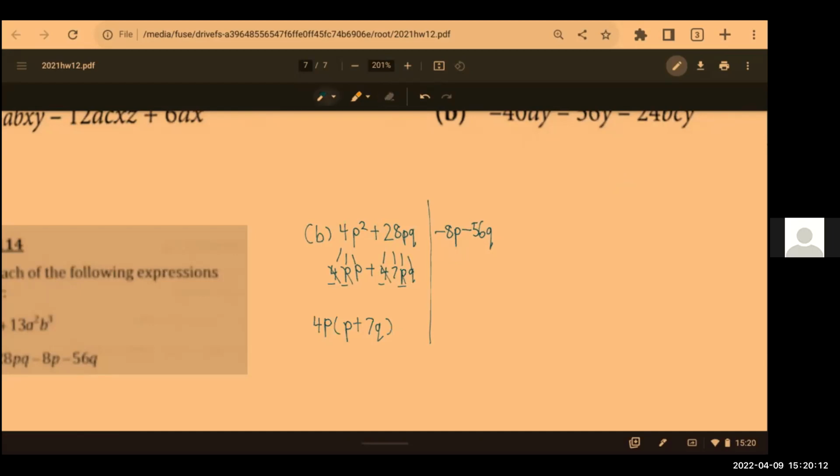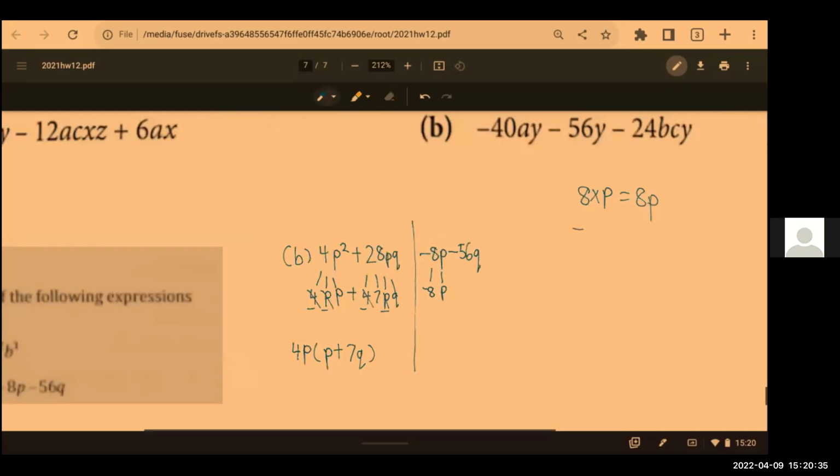I never ask you to erase. Next time I never ask you to erase, you don't erase. Okay? So 8 times p will be 8p. The question is negative what? 8p. Then how do you split? Write the negative 8p on the right and see if you can get back. Can you get back? Okay, good. Continue.